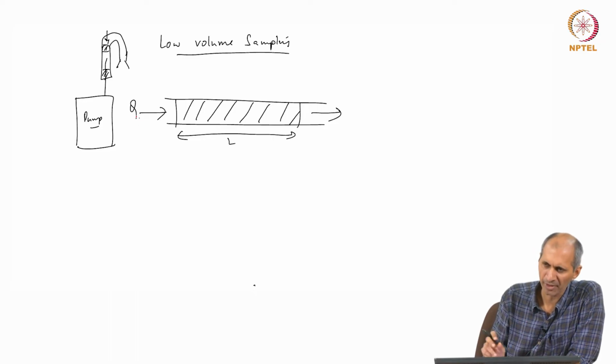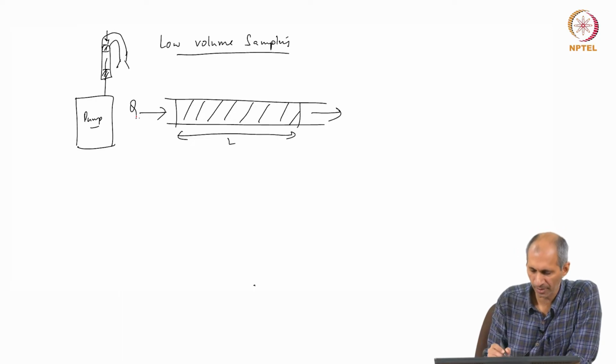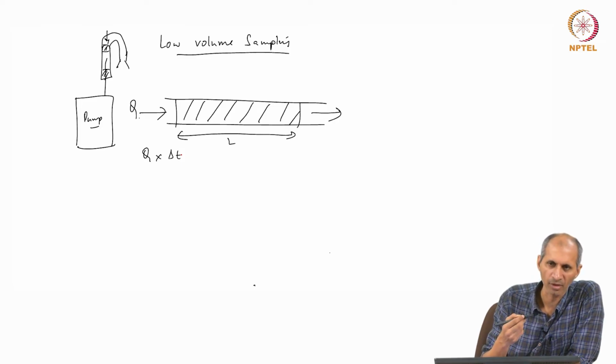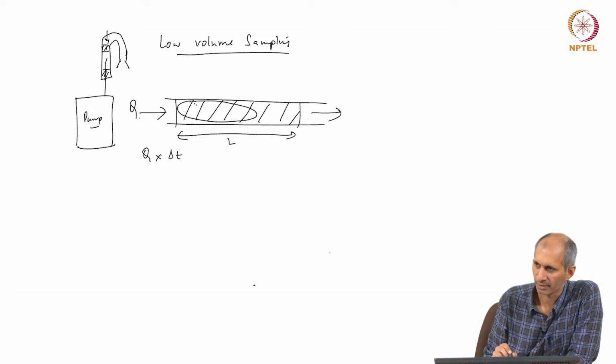I will just very briefly mention why this is. So your goal of sampling is the following. When you sample for Q into some time, your sampling time, say you sample for 8 hours, your hope is that whatever your chemical is going into the tube in this 8-hour period stays in the tube, right. What it means is that all the A is contained in this region.